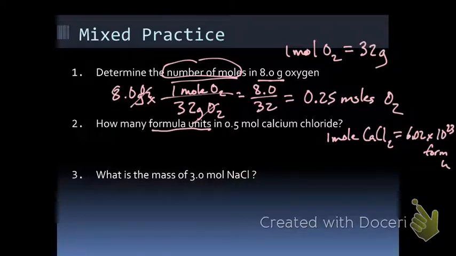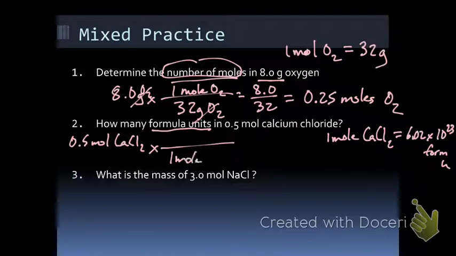All right, so I start with 0.5 moles of calcium chloride times, and then 1 mole of calcium chloride, 6.02 times 10 to the 23rd. These are formula units of calcium chloride.